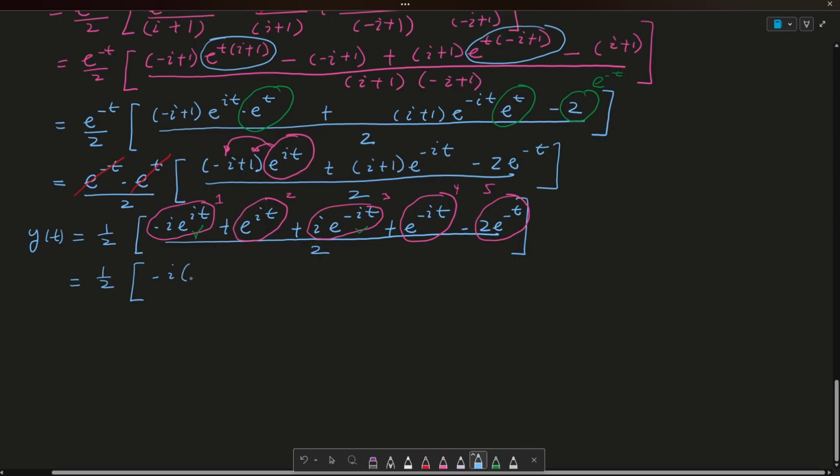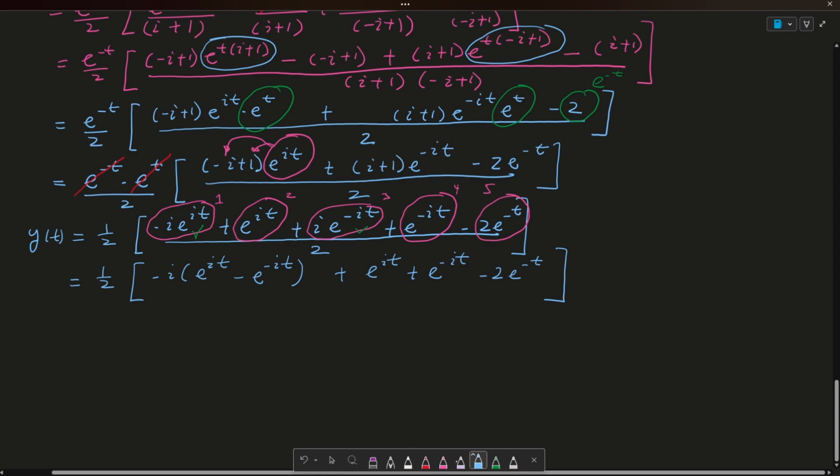So then term 1 just becomes e to the it, and term 3 just becomes minus e to the minus it. Let me go ahead and now write terms 2, 4, and 5. So this is plus e to the it plus e to the minus it. And term 5 is minus 2e to the minus t.